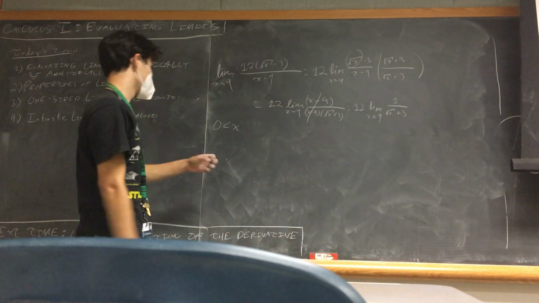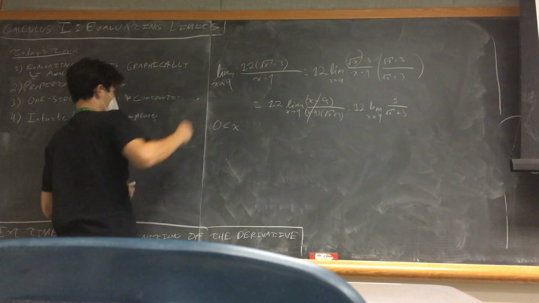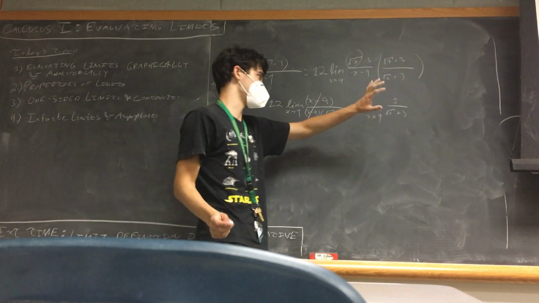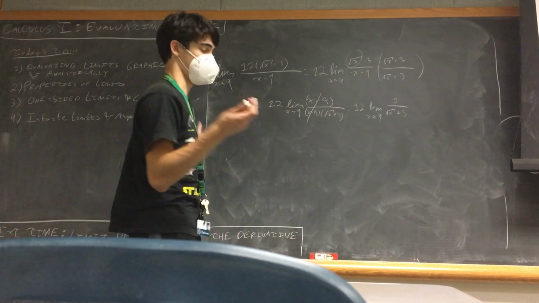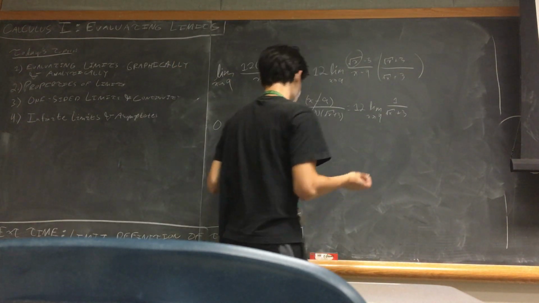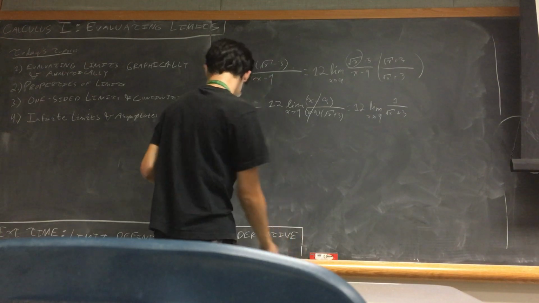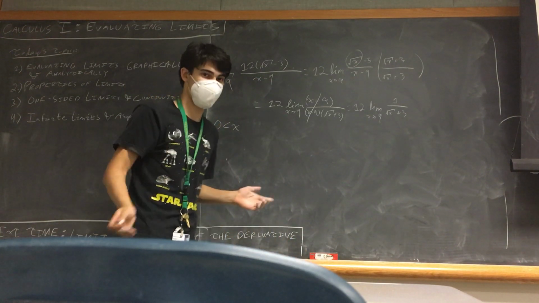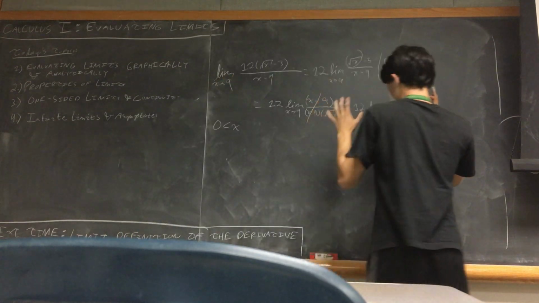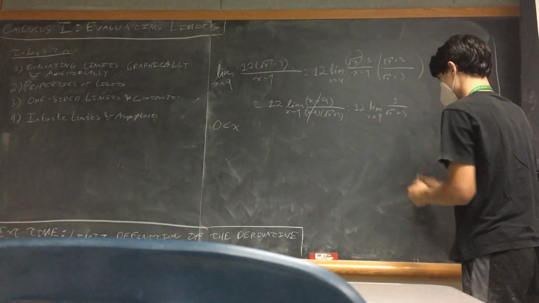So as long as x is greater than 0, this function is defined in the domain of real numbers. Our c is 9, and 9 does fit within this domain, in which these functions are equal everywhere except for x equals 9.